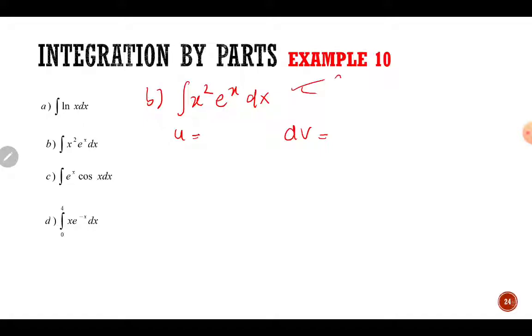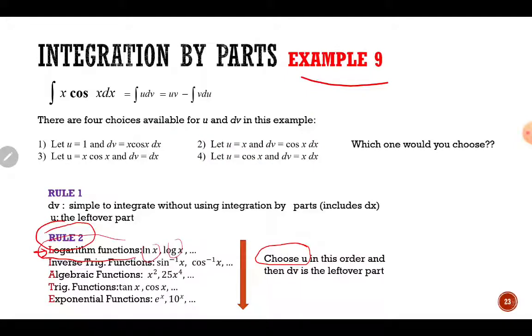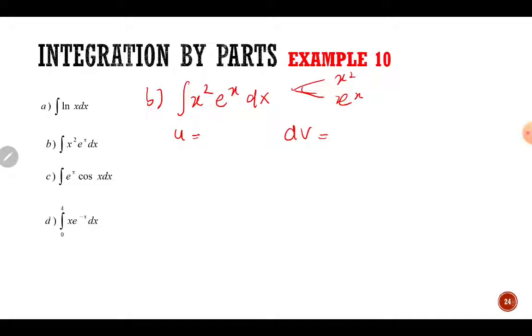Which one do we choose? Again, just look at the ranking, x squared versus exponential. Do you see? The exponential function is the last choice for what you let as your u. So we use the algebraic function as our u. So u equals x squared, and dv equals e to the power of x dx.